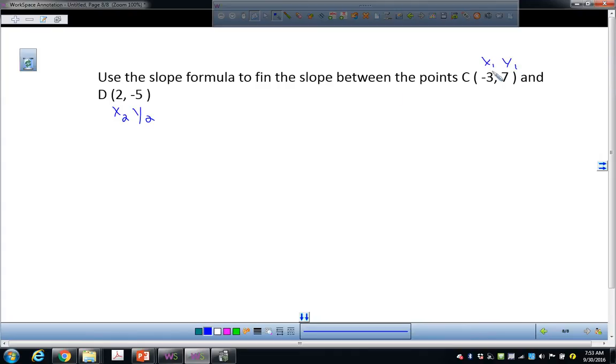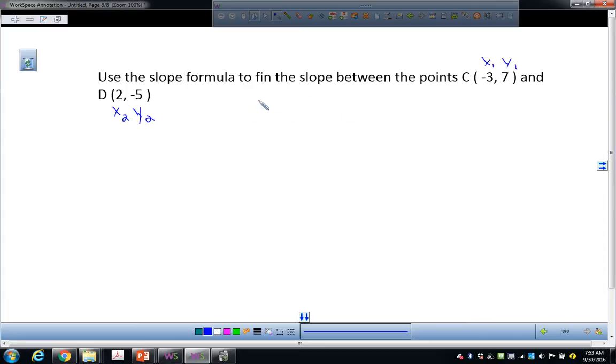It really doesn't matter which one you call x1 and y1 and which x2 and y2, you'll get the same answer. I would go with the first one first and the second one second. But what you can't do is mix and match. You can't say this is x1 and this is y2. Those two coordinates have to go together.